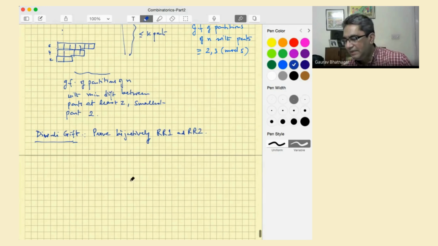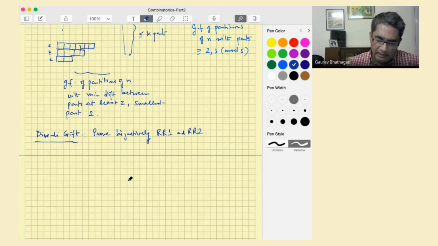So some people have proposed some proofs now, but they are not very satisfying. Somehow or the other they involve the involution principle, I should say, without using the involution.